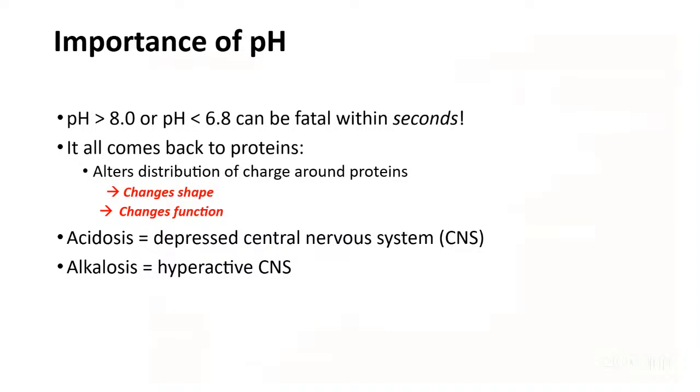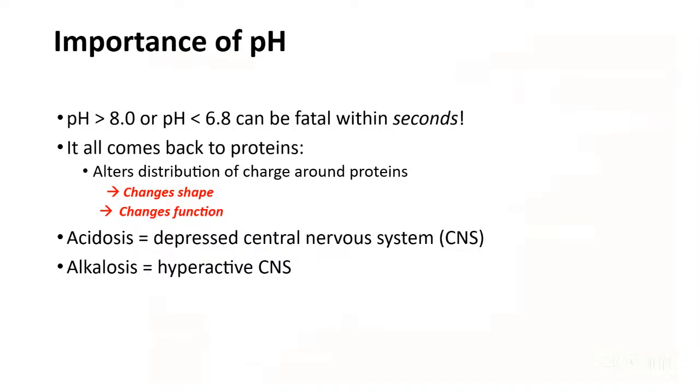Hopefully, we're never going to get to that range because we have both our lungs and our kidneys working hard to protect us. Okay. And the reason these are fatal, right, is because when we change pH, we change hydrogen ions, right? We're changing all those charges. We know proteins fold, right?